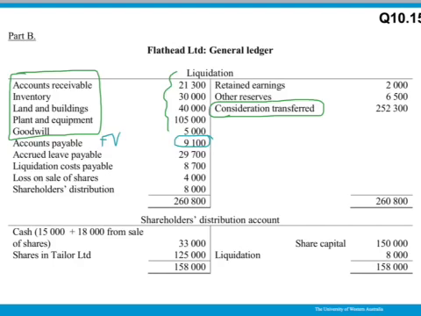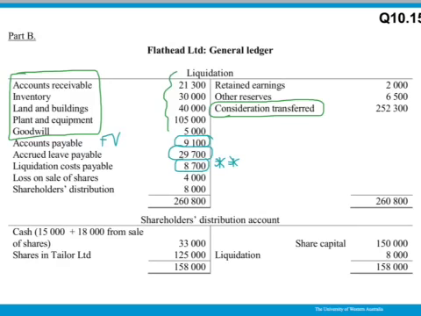The accrued leave payable, that creditor was not recorded in the accounting records, and it is an obligation of the company, so therefore we have to record that liability on liquidation. And then the liquidation costs payable, it's also a creditor that needs to be raised. If you can just remember that from your studies, that this is one of the first creditors that will be settled.